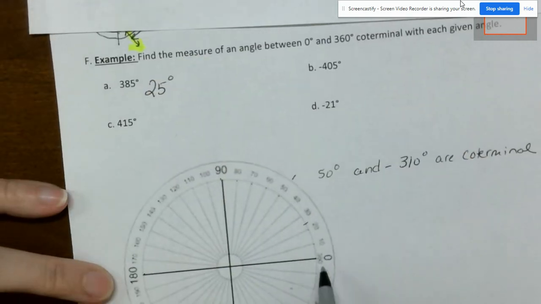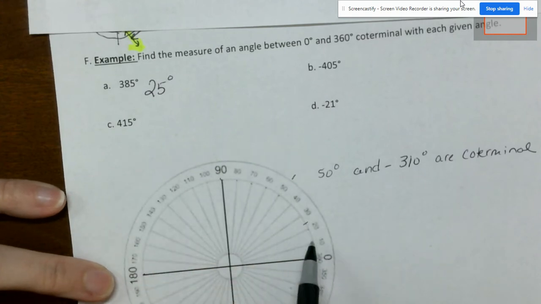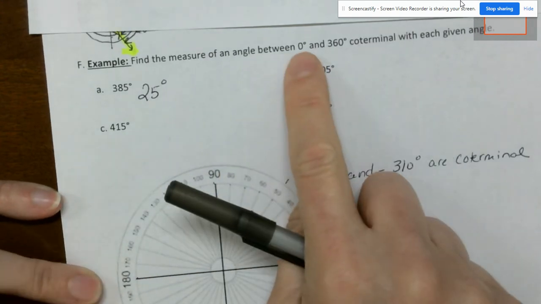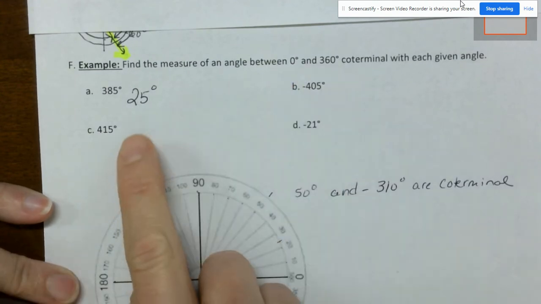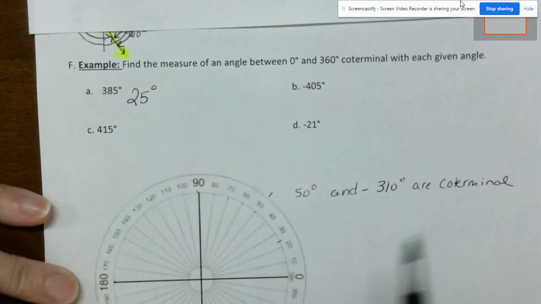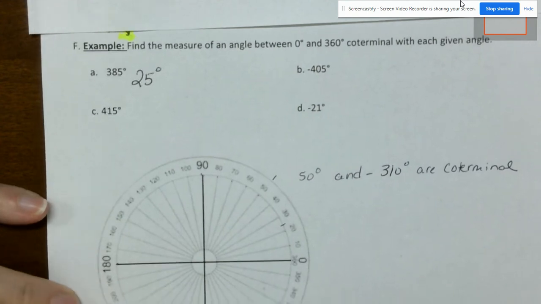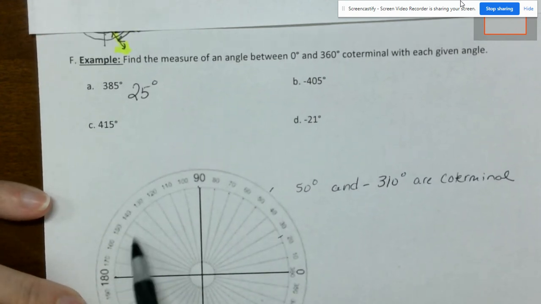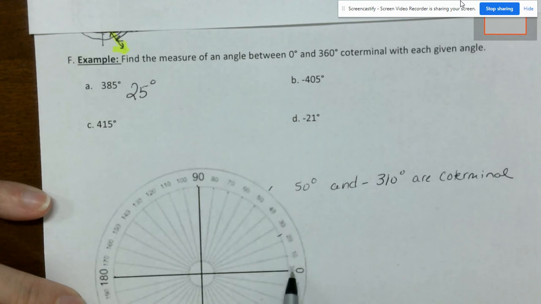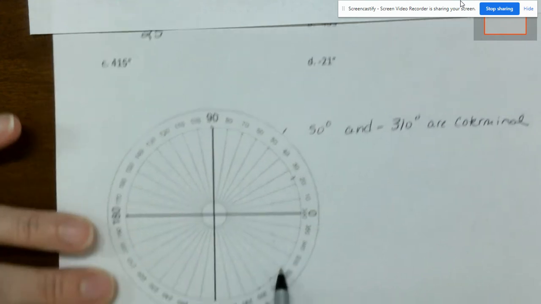Now, don't think that you could go around clockwise and come up with the negative, because it says that my angles have to be between 0 and 360. So you've got to keep all these angles positive, okay? All right, negative 405. So if we do negative 405, that means we're coming around this way. Oh, sorry, I'm not on the video.